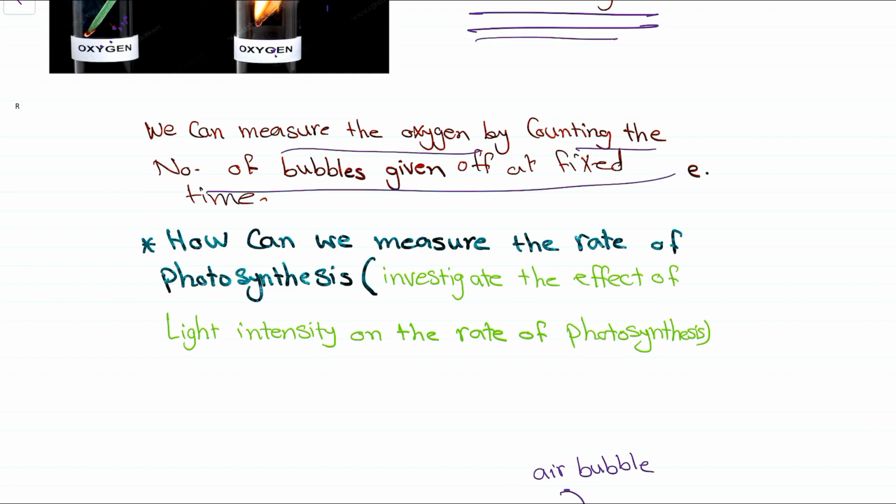We said the light affects the rate of photosynthesis. If the plant is in dim light, it will not give the same rate or the same volume of oxygen as in bright light, for sure not. So according to the intensity of the light, the rate of photosynthesis will change. We need to prove that. How?